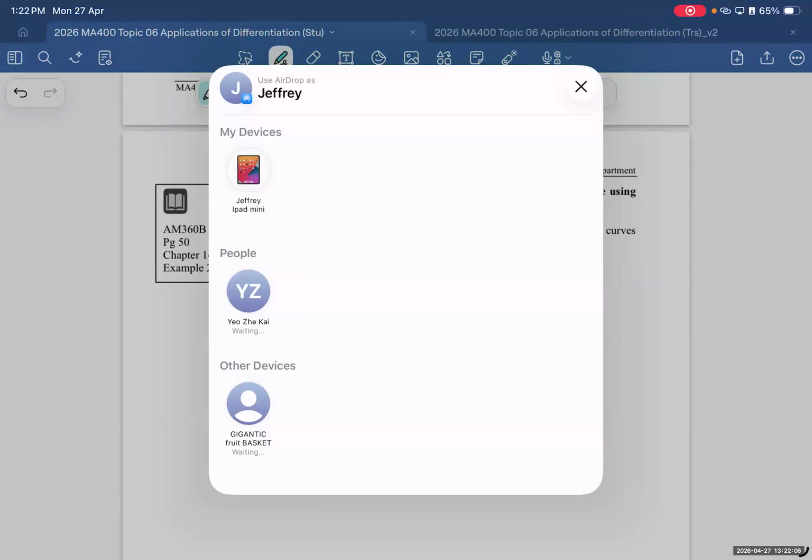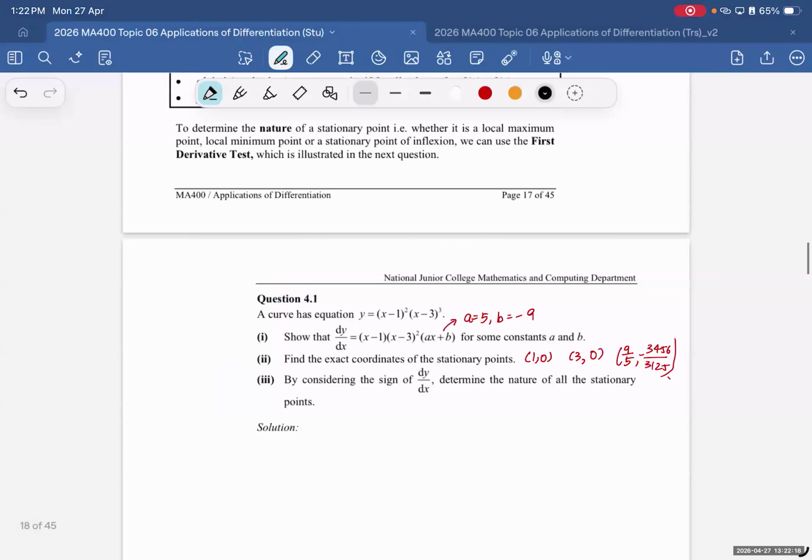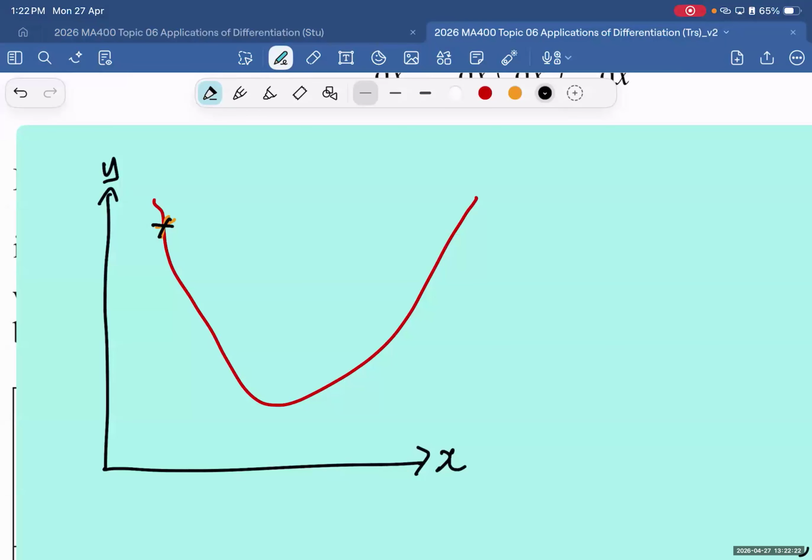Okay. Send already. Okay, sorry. Where am I? See, back to you. Stop touching Alex. What? Huh? What's wrong with that? Okay.